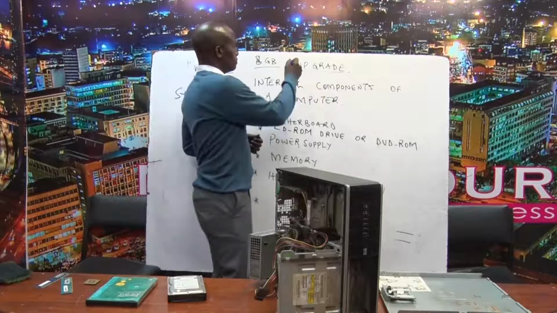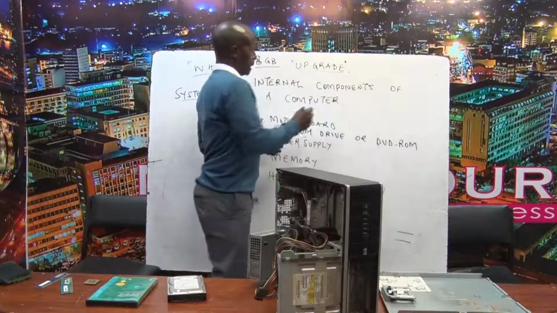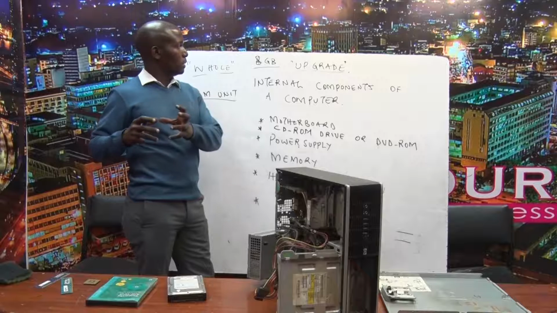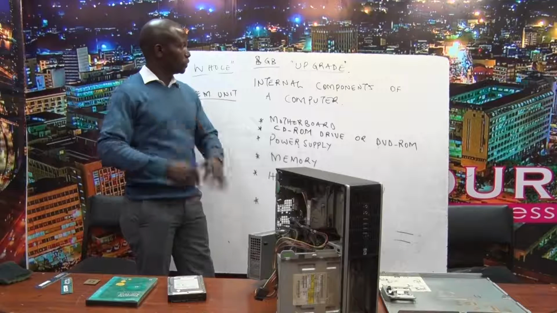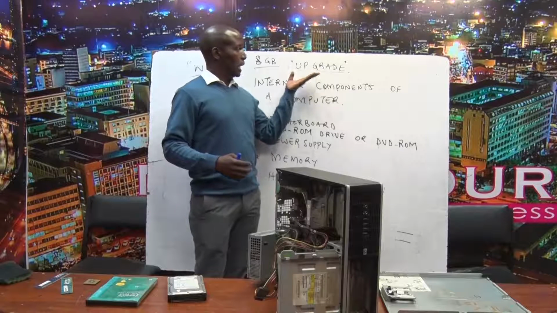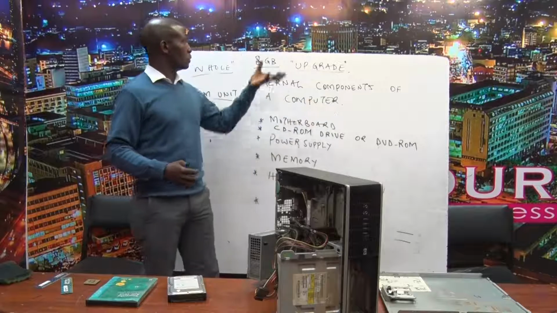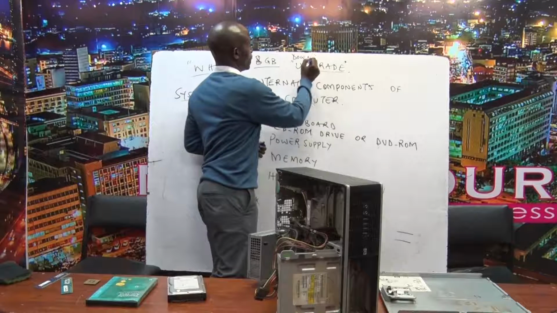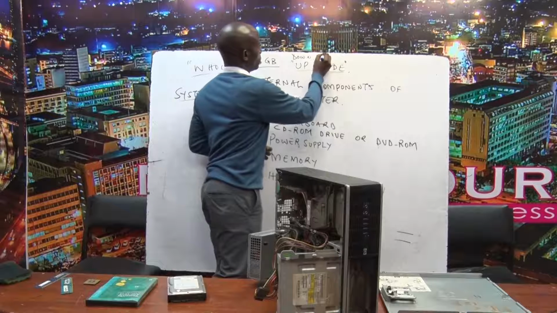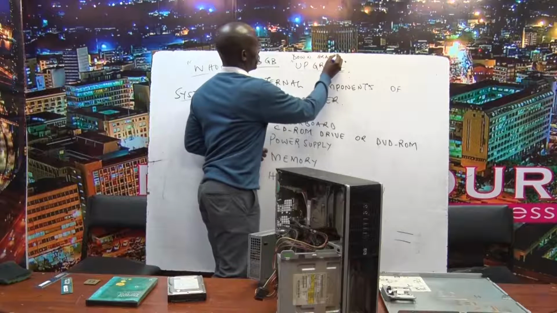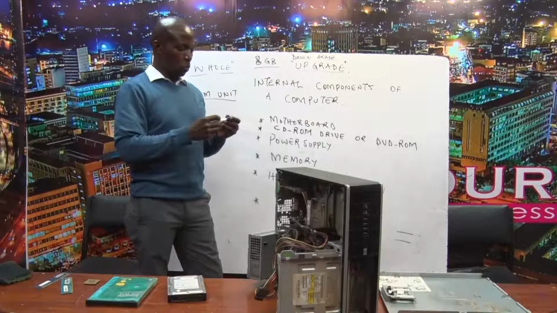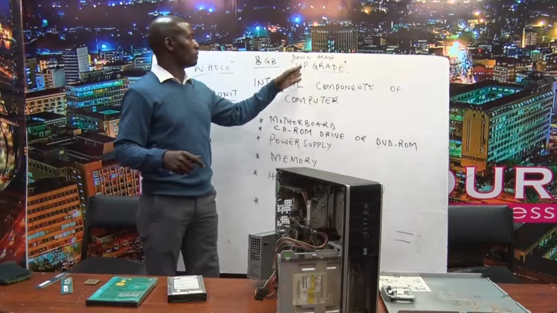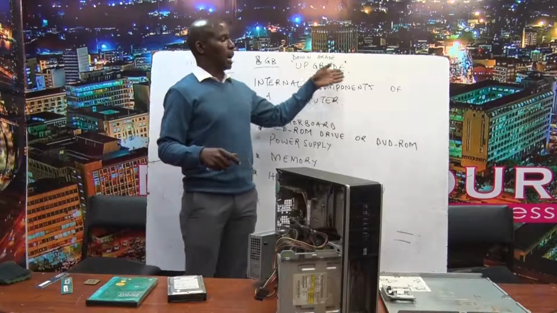So it's a term that I would say we use when we talk of moving from one level to the next, a lesser to an upper, because it is rare that you find somebody talk about what? Downgrading. In a computer, you should never try to downgrade a computer. A lot of times, you upgrade.